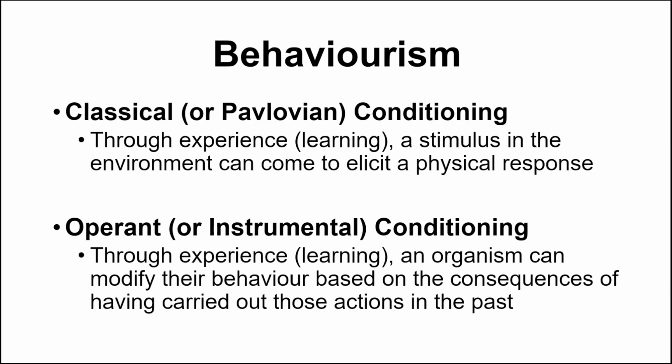But again, I put these two together because it's a good idea to be able to tell the difference between the two, knowing that one is more passive, one is more active, but both of them are being influenced by stuff that happens in our environment. The responses that we're talking about are always physical, observable, external responses. That stuff's really important to note because that's very critical to this behaviorism.